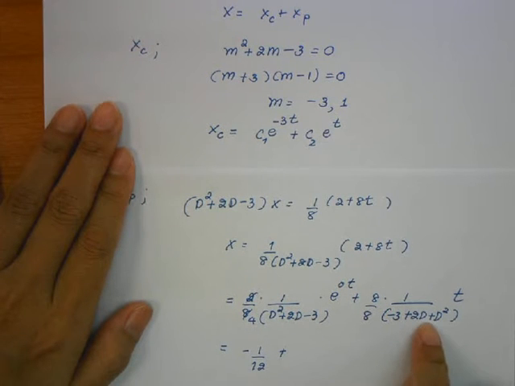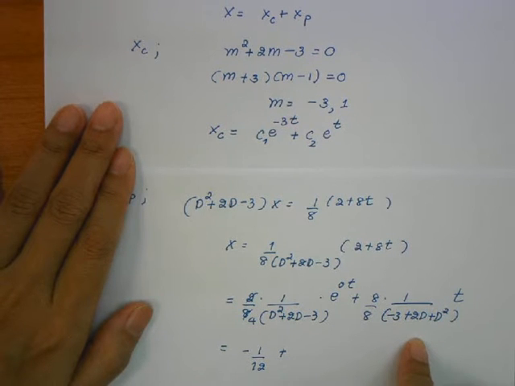For this term, you've got to write down 1 over P(D) in terms of p0 plus p1D plus p2D squared until D to the power k.